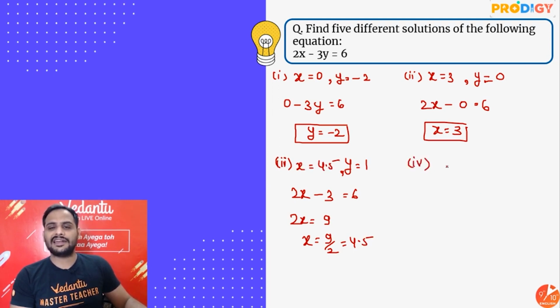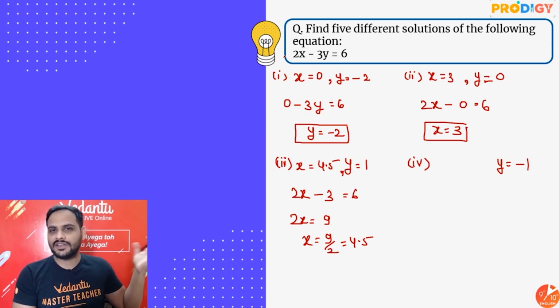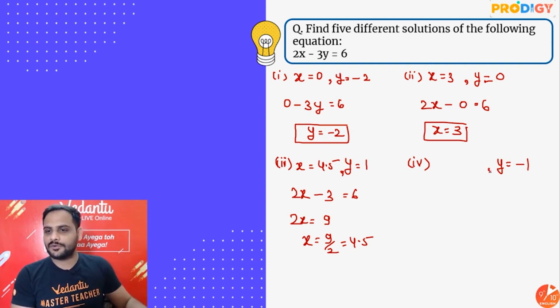Fourth solution, I can take x as minus 1. Let's take y as minus 1, because the coefficient of x is 2, so it is easier to represent numbers like 4.5 and 5.5 compared to 4.33. So let's put y is equal to minus 1. I'll get 2x minus 3 into minus 1, which is plus 3, is equal to 6.